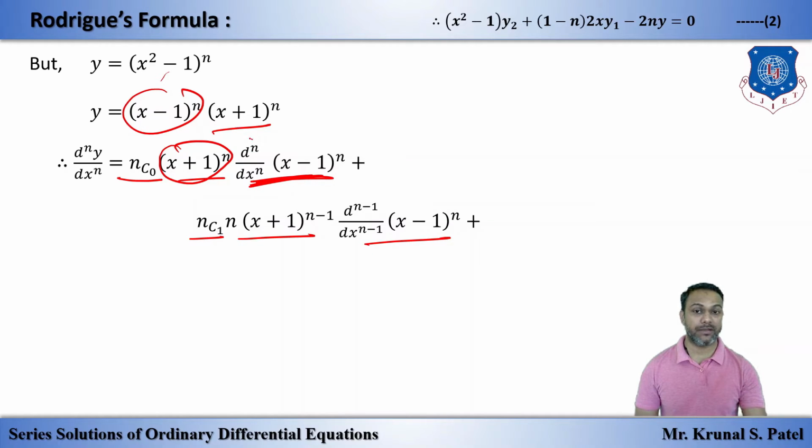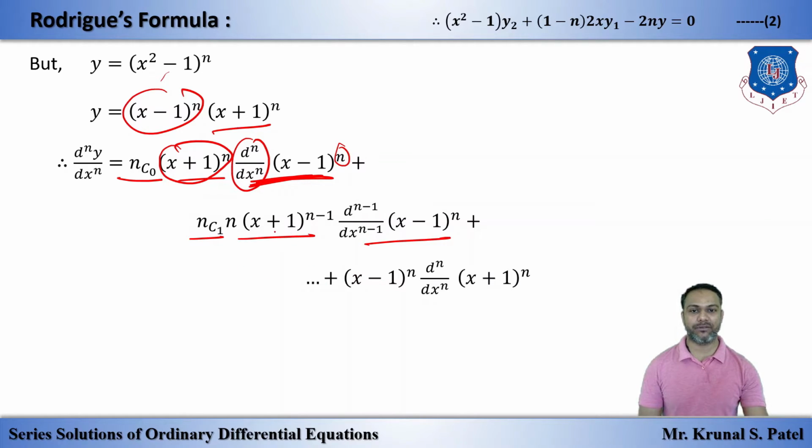Okay, 1 minus derivative, not from this. Okay, in a similar way we have so on up to the nth derivative. So nCn, the nth derivative of this, and simply this v as it is.